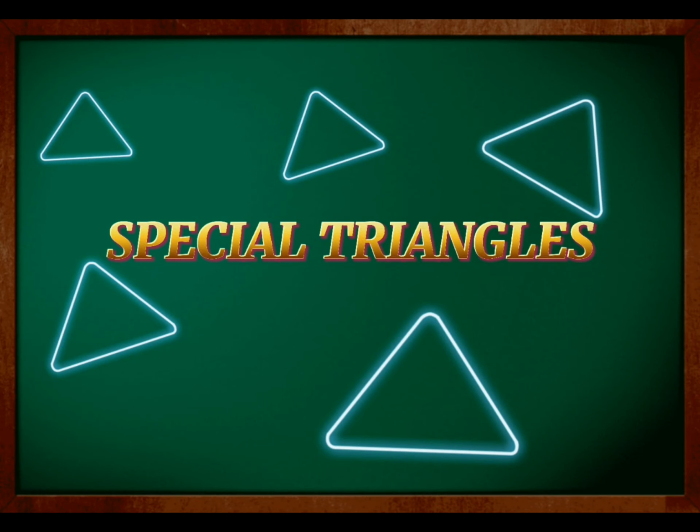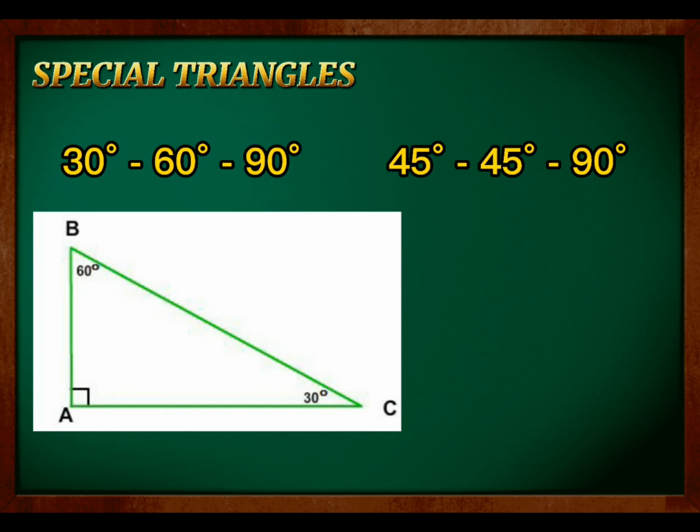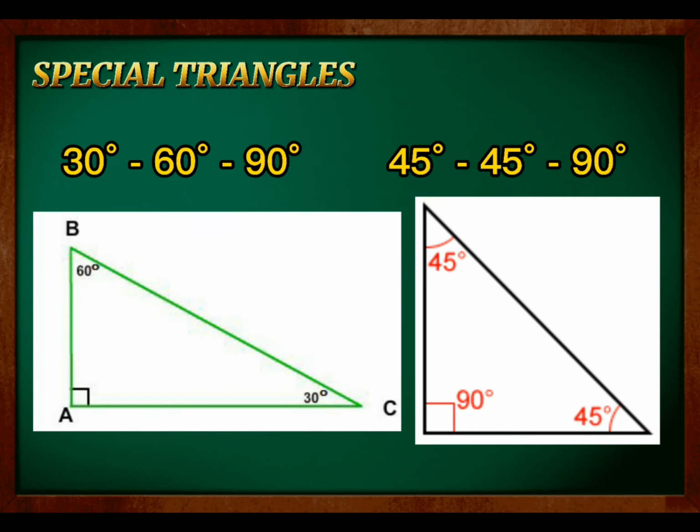In trigonometry, there are special triangles called the 30, 60, 90 triangle and the 45, 45, 90 triangle. What makes them special is that the sides of a 30, 60, 90 triangle are always 2, 1, and square root of 3, where 2 is the hypotenuse, 1 is opposite the 30 degrees, and square root of 3 is opposite the 60 degrees.